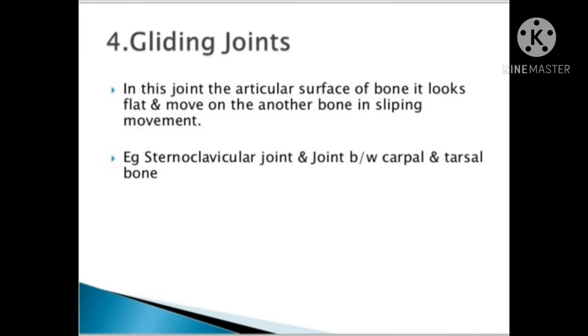In this joint, the articular surfaces of bones look flat and move on the other bone in a slipping movement. Example, wrist joint and ankle joint. Children, you can also say: sternoclavicular joint and joint between carpal and tarsal bones.